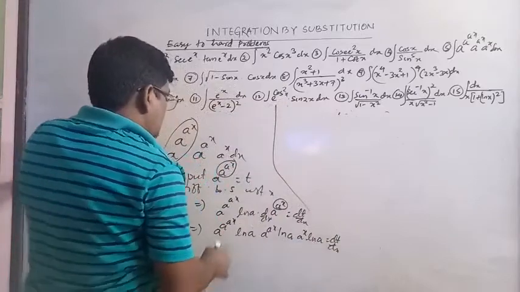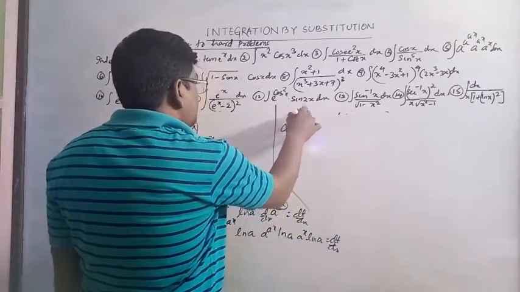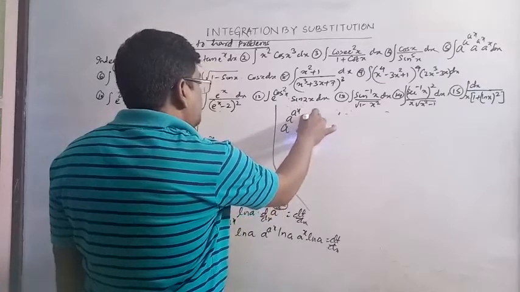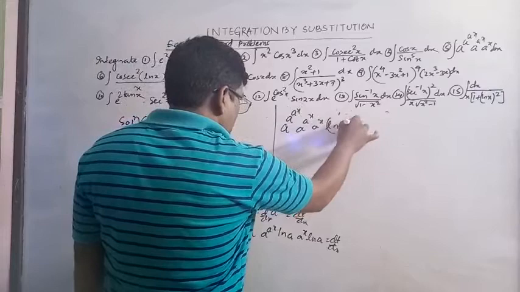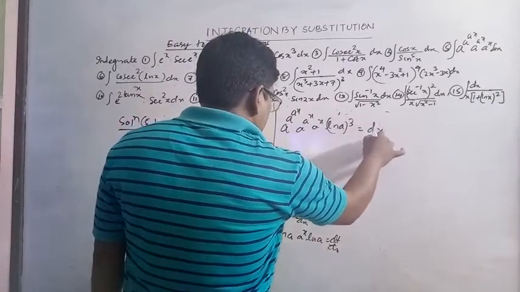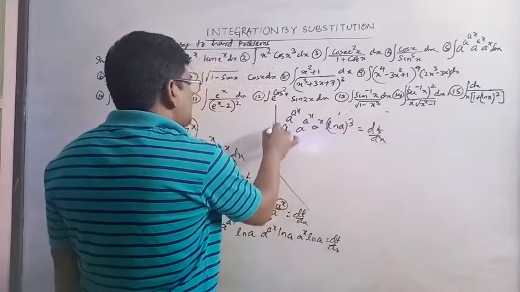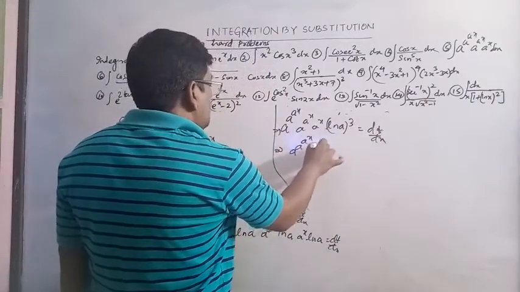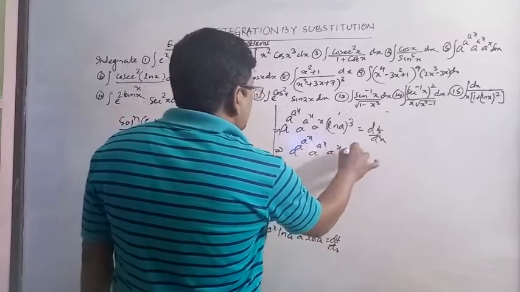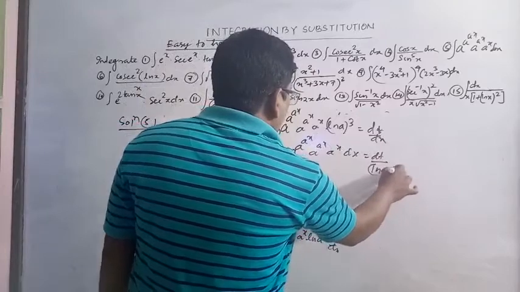Now a to the power a to the power a to the x, a to the power a to the x, a to the x into log a whole cube is equal to dt by dx. So that implies a to the power a to the power a to the x dx is equal to dt by log a whole cube.